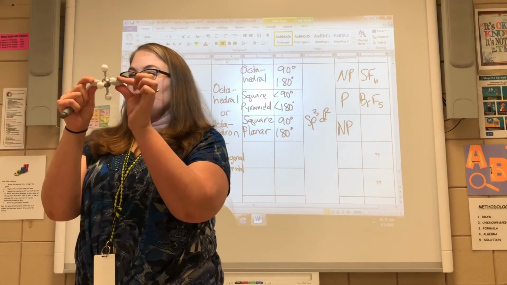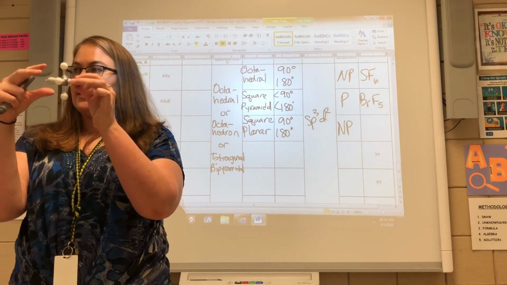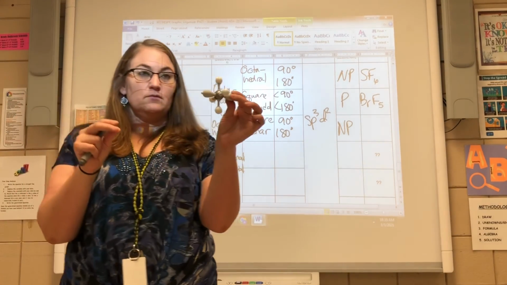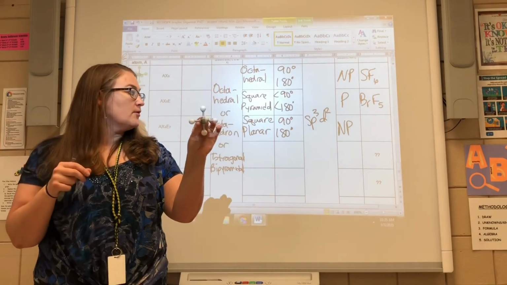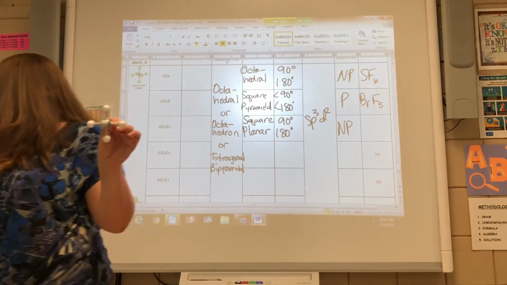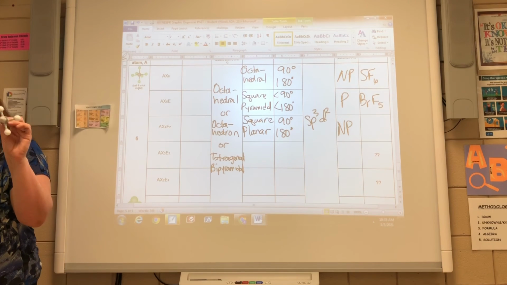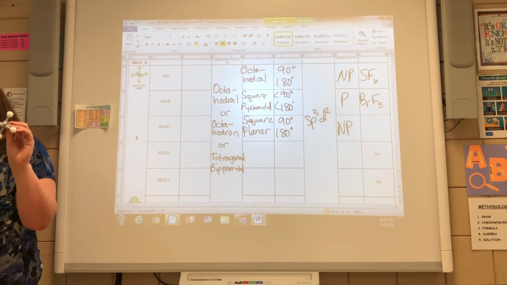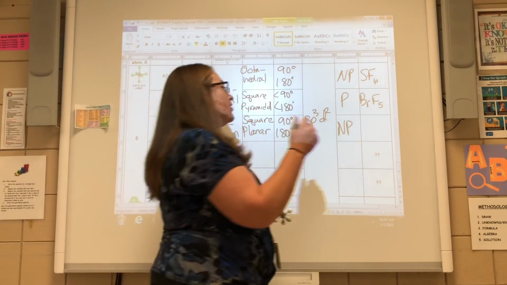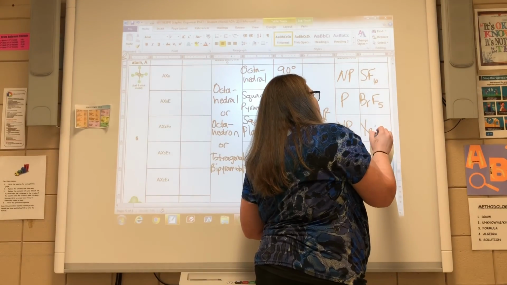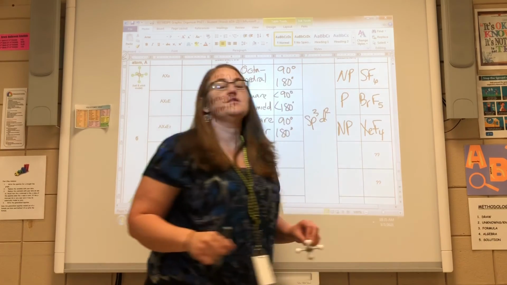Because these push equally against, and so it evens it out. It's going to be evened out. An example. Here's a rare example where you might see a noble gas bonded with something. That's the example they give.